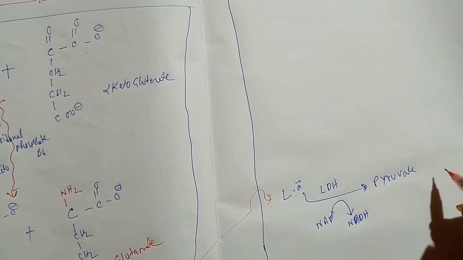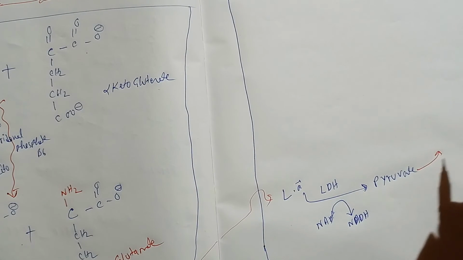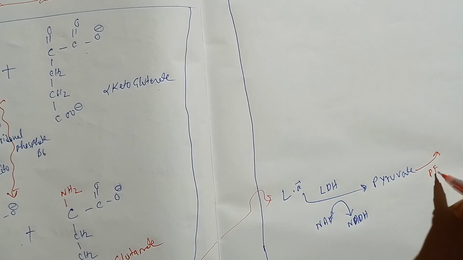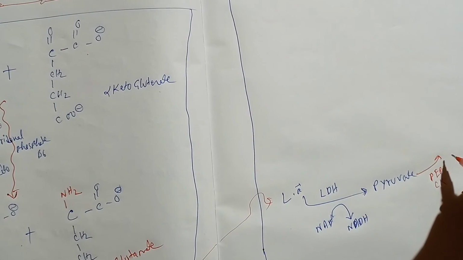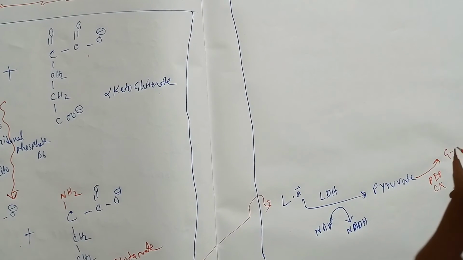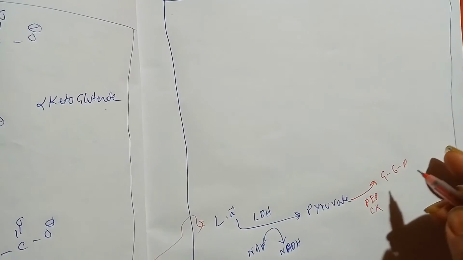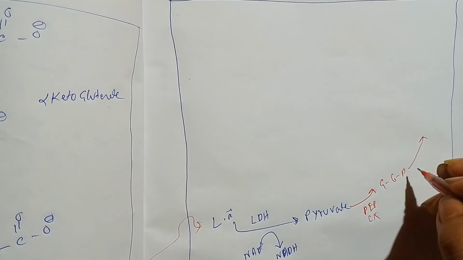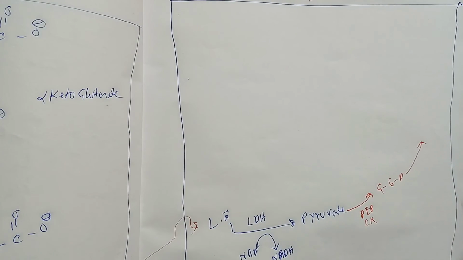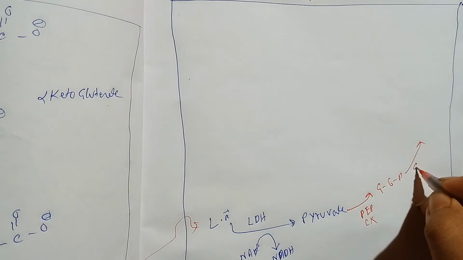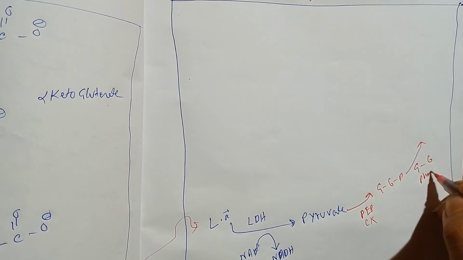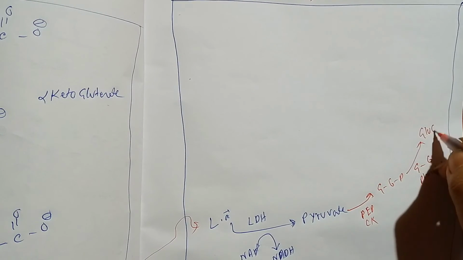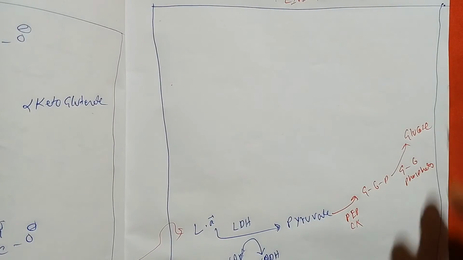Then this pyruvate can go through enzymes like PFK, up to glucose 6 phosphate. Very many steps are there, but first it goes to glucose 6 phosphate. After that there is one more enzyme, glucose 6 phosphatase, by which it is converted into glucose.